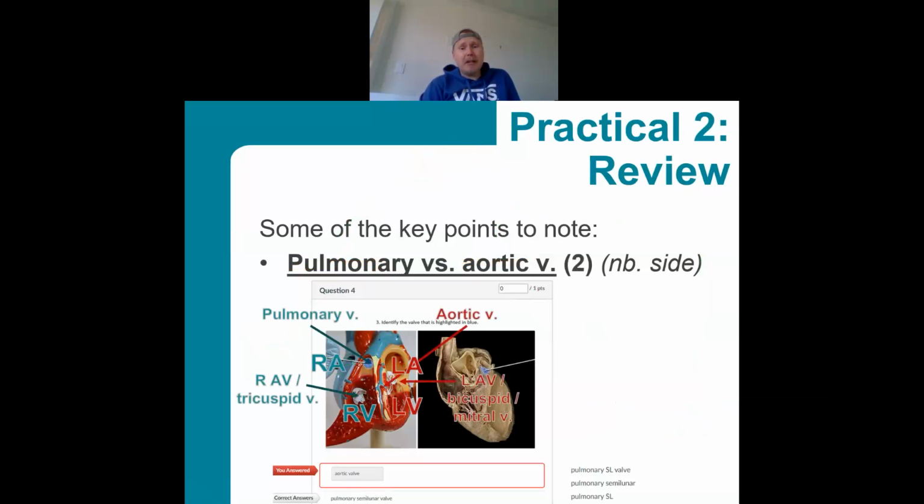So what I've done here is actually labeled everything that we just talked about, rather than just labeling the chambers, I've taken care to also label the valves. You remember that right atria and ventricle are separated by the right AV valve, also sometimes called the tricuspid valve, because there are 3 cusps, leaflets there.